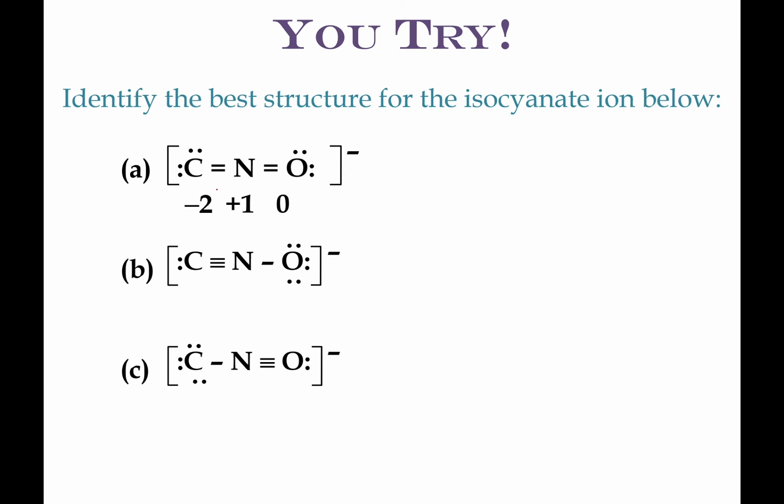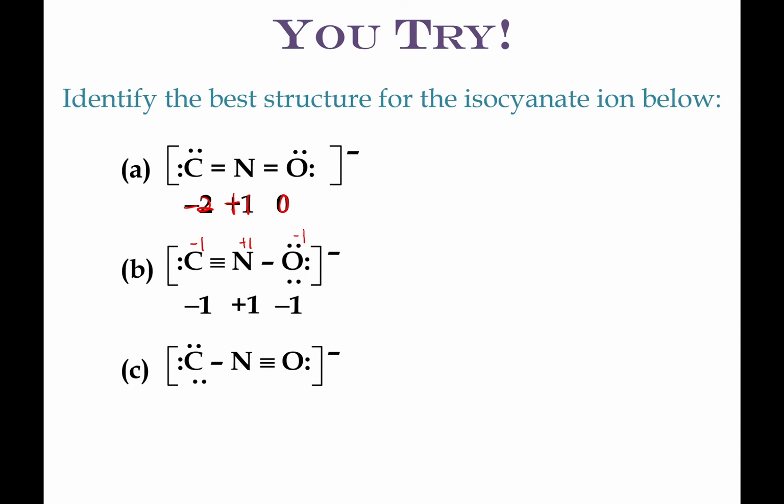Carbon wants 4 bonds, it has 2, so it's -2. Nitrogen wants 3, it has 4, so it's +1. Oxygen wants 2, and it has 2, so it's 0. Carbon wants 4, has 3, so it's -1. Nitrogen has 4, it wants 3, so it's +1. And oxygen wants 2, it has 1, so it's -1.